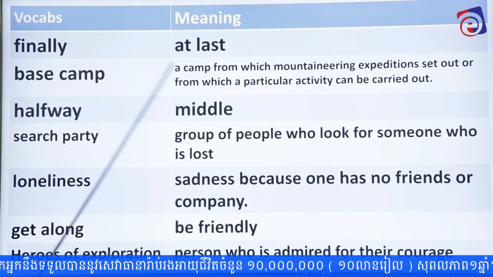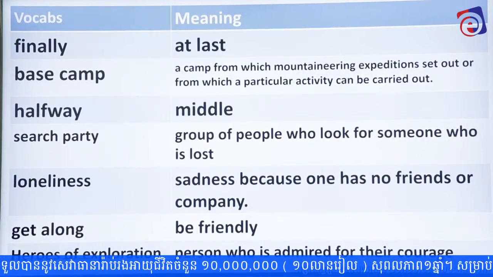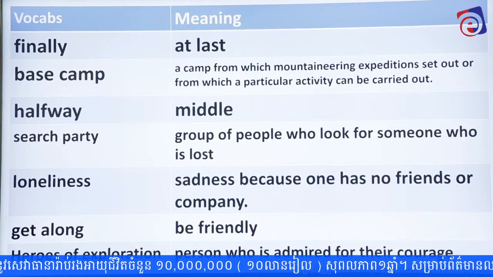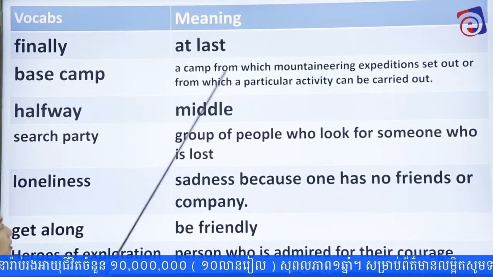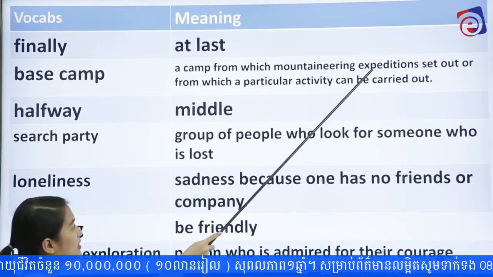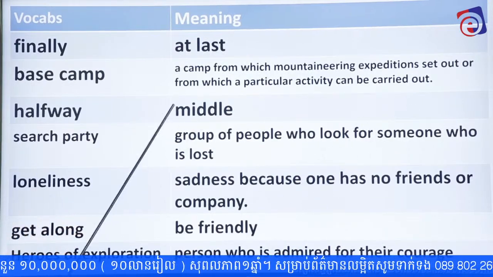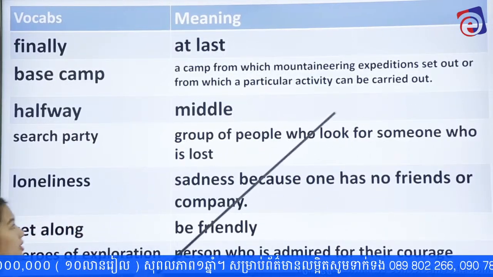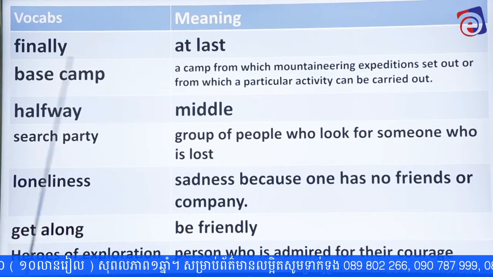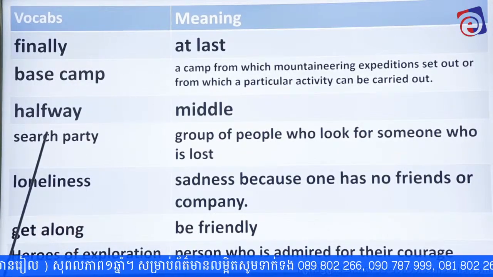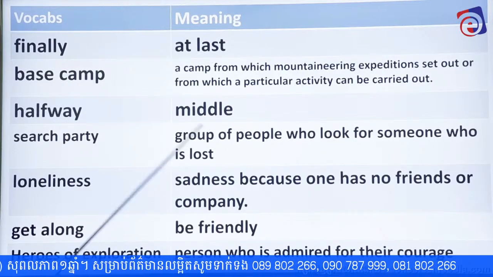Finally. Finally means at last. Base camp, a camp from which a mountaineering expedition sets out or from which a particular activity can be carried out. So base camp. Halfway, which means middle.